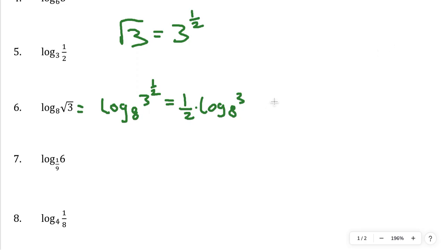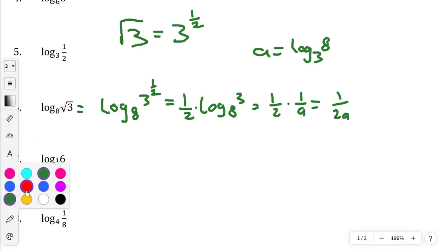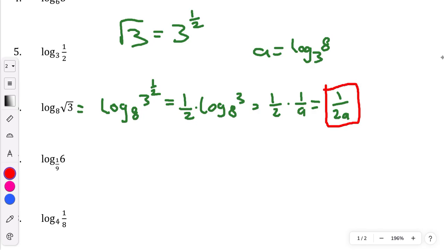And log of 3 base 8 is 1 over a because it's flipped from a. Remember, a is log of 8 base 3. So this right here is 1/2 times 1 over a. And you could just write that as 1 over 2a. And that's that. Easy peasy.